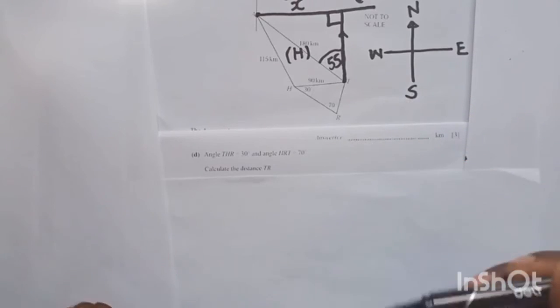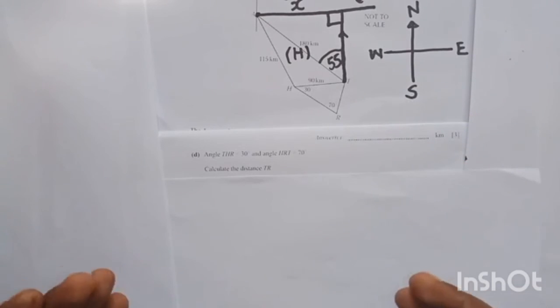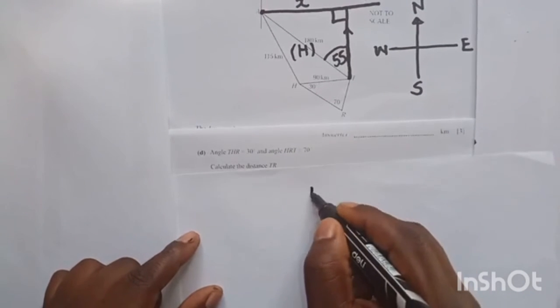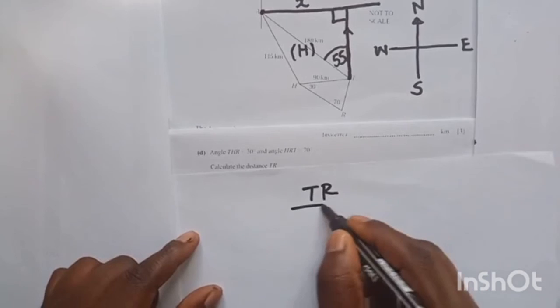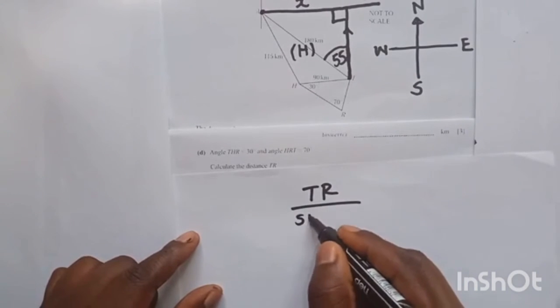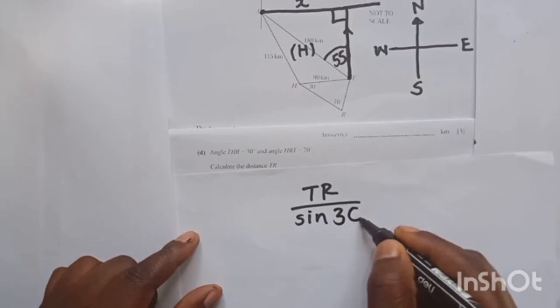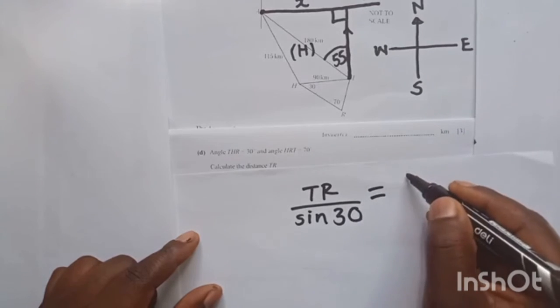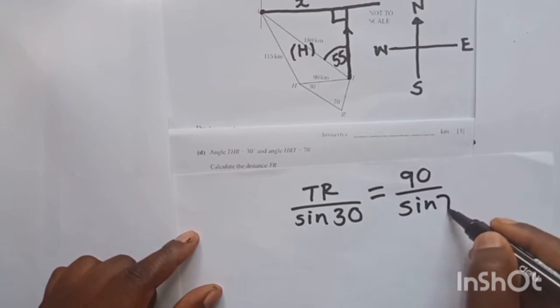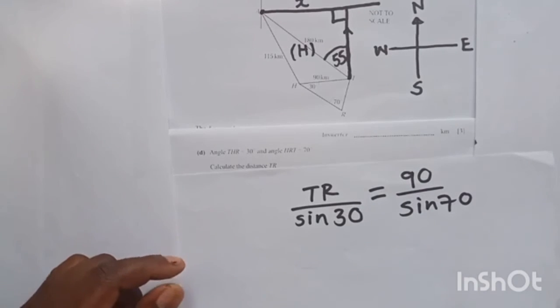So I'm going to put sides on top and angles on denominators. You write TR. TR is opposite to 30. So TR is divided by sine 30. Then 90 is divided by sine 70.